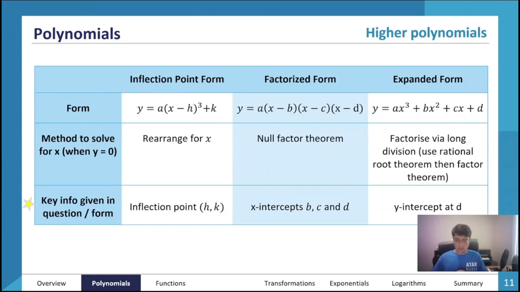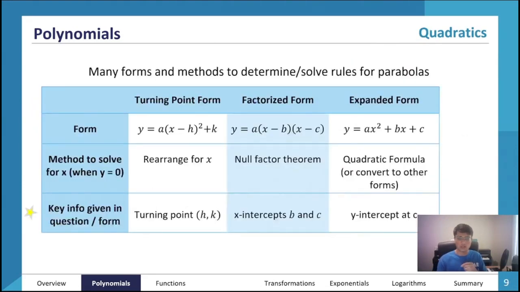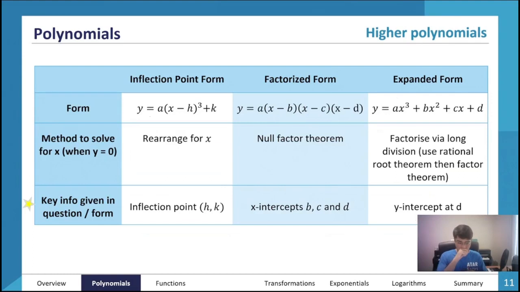Now, something you'll notice is that this table is very similar to that table that we saw a couple slides ago, to do with quadratics. Which is good because it means that there's a lot of information that crosses over from quadratics to polynomials. The only thing that you should note though is when we're solving for x with the expanded form, when it comes to cubics and quartics, we're no longer just using the quadratic formula.